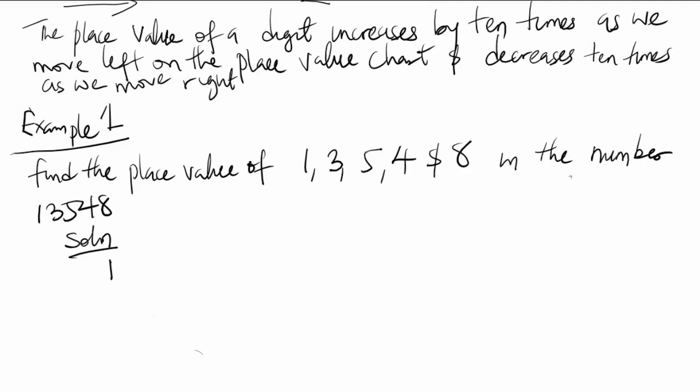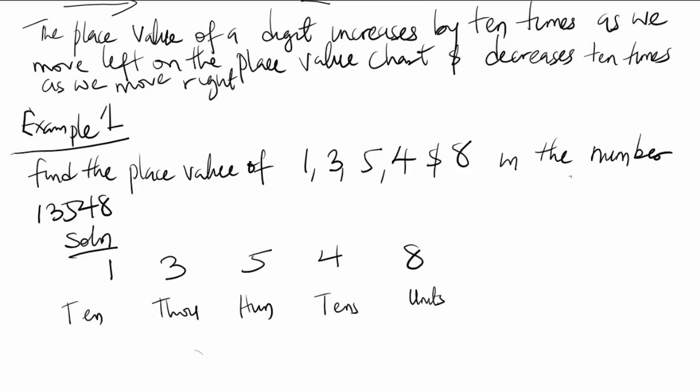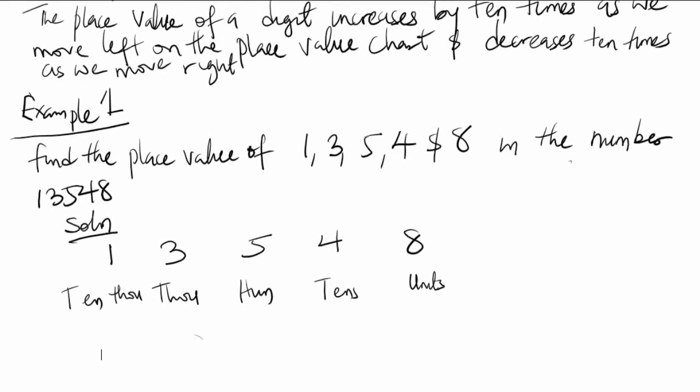So we arrange the numbers accordingly. This is 1, 3, 5, 4, 8. And from our place value chart, this is under units, this is tens, this is hundreds, this is thousands, and this is 10,000.